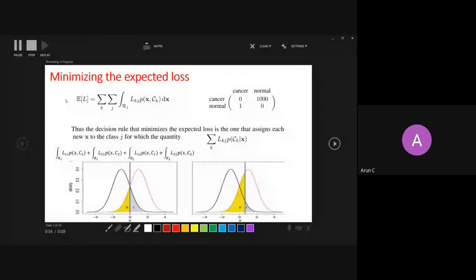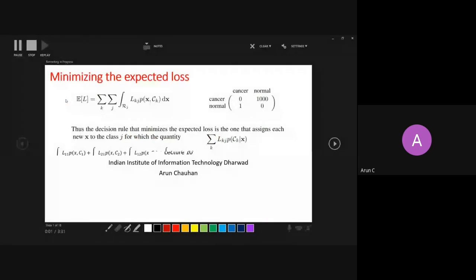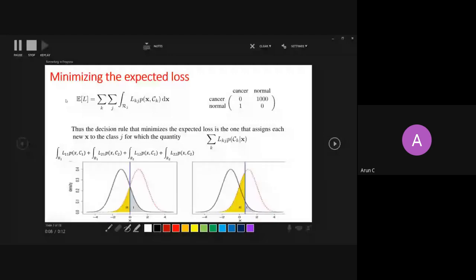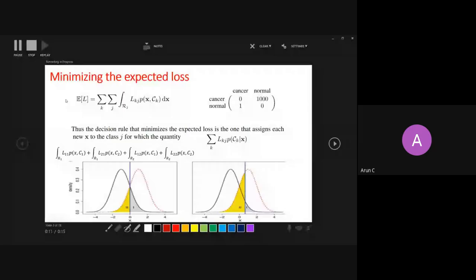So when we were finding the optimal decision boundary, we said that it is always good to give a decision in favor of the higher probability class.